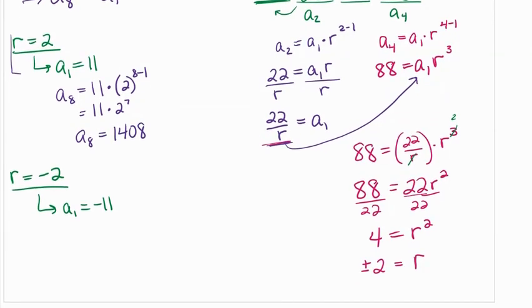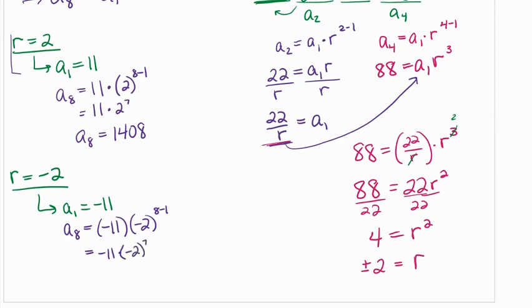Okay, if we do it with our other possibility where r is negative 2, then for our eighth term, we take our first term, in this case negative 11, and we multiply by our common ratio, negative 2, to the 8 minus 1. Now we're doing negative 11 times negative 2 to the 7th power.